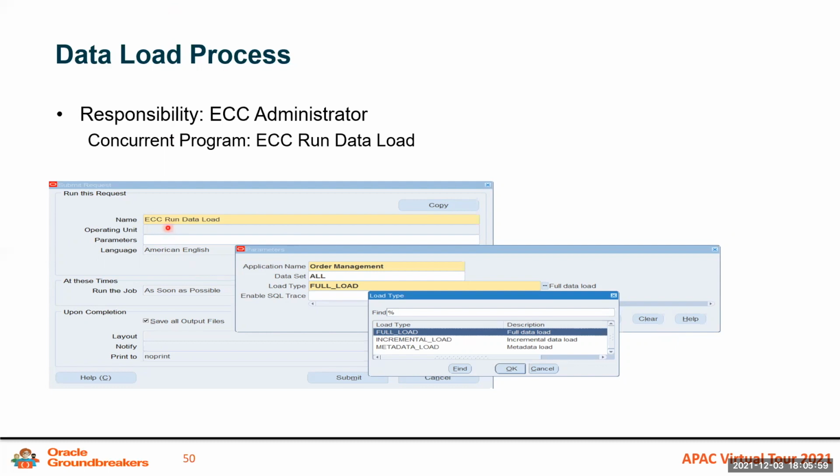Initially, they came up with one concurrent program, ECC run data load process, and you have to pass the application name and load type as parameters. There are three load types: full load, incremental load, and metadata load. Full load means the first time you implement ECC, you run the complete refresh.